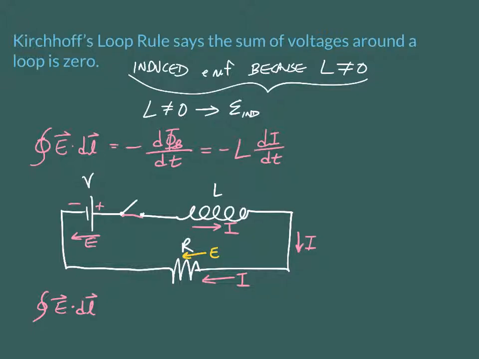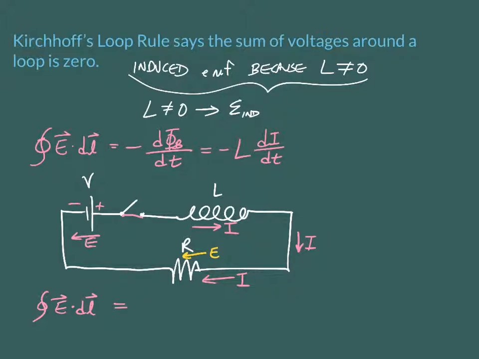A little chunk of dl is a distance. Force times distance is work. E dot dl is work done per unit charge. It's voltage. Okay? It's voltage. So I'm going to sum all these things up.